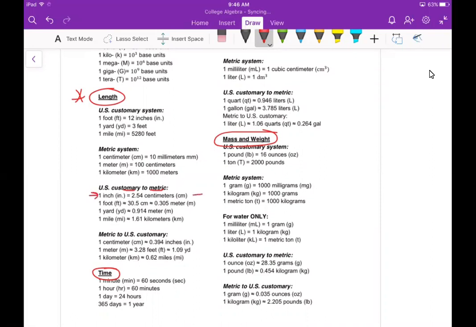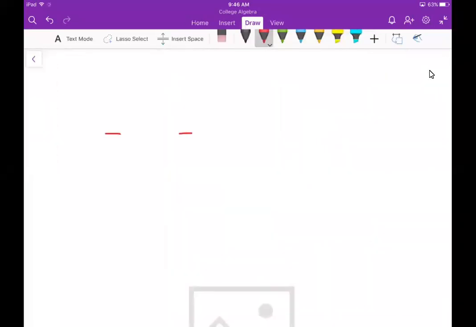So right there, I have the conversion factor I need. If I take 1 inch and divide it by 2.54 centimeters, or the other way around, I'll have a fraction equal to 1 because those 2 things are equivalent. So let's use that and set up and see how we use a conversion factor to solve that problem. So back to the problem.